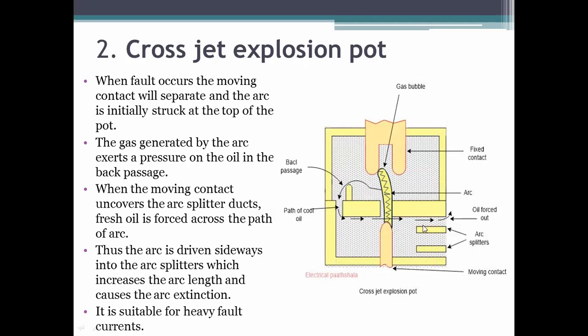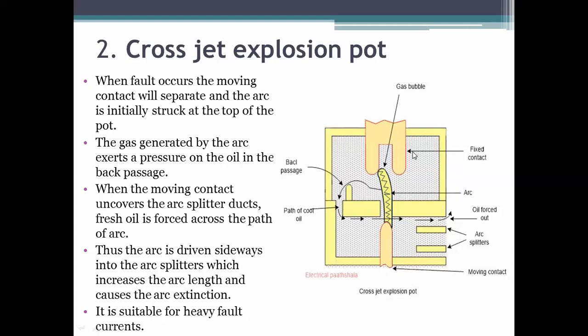Because here the arc splitters are used, and there are actually two parts. So this is the back passage.